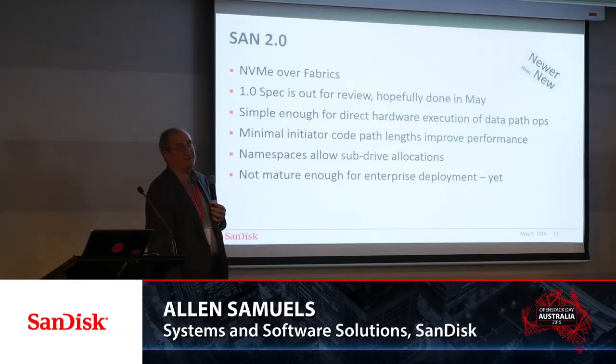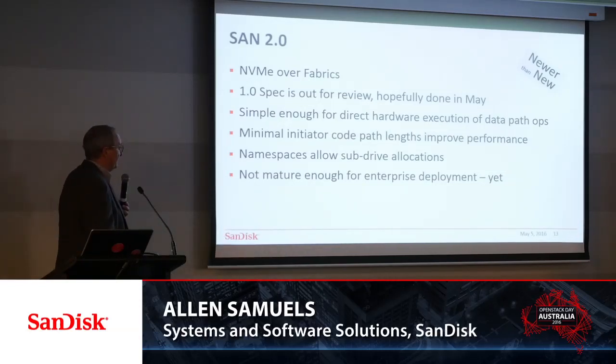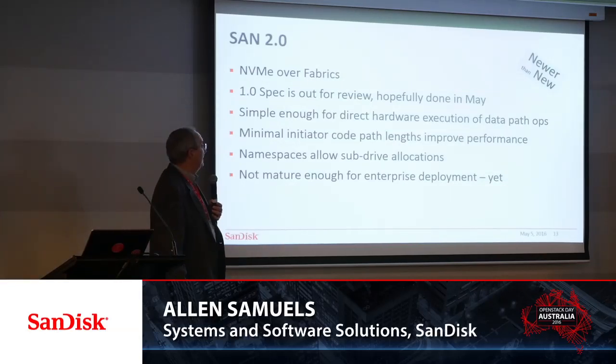That's development work that's going on in the storage world today, and it really has most of the characteristics that we're looking for. The 1.0 spec is out for review. I think it's supposed to be done this month. It's simple enough. We're going to be able to do it in hardware. You're not going to need a CPU to be a target for NVMe over fabrics, at least not in the long term. Hold that thought. I'm going to come back to it.